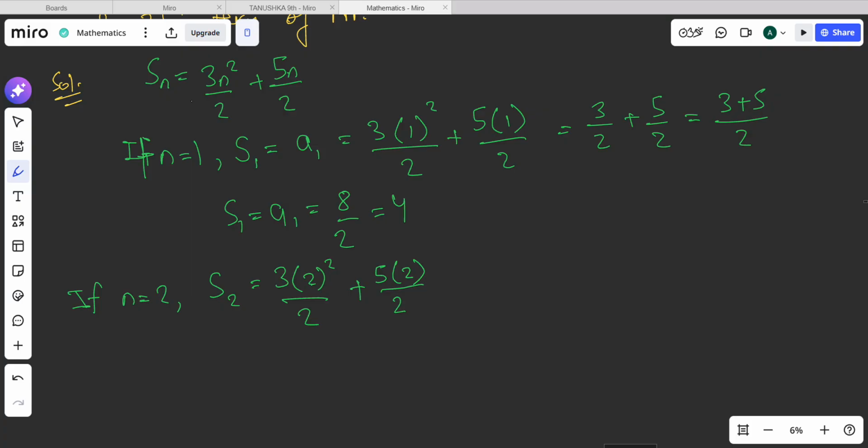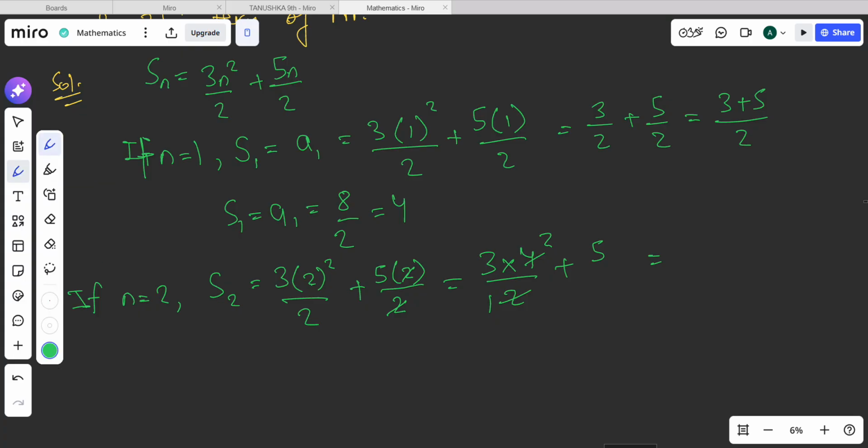Here we can see 2 and 2 get cancelled, and this will be 3 into 4 by 2 plus 5 by 2. Okay, I'm sorry, I have rewritten it. So this will be 3 multiplied by 2 gives you 6, plus 5. So the value of S2 that we are getting here is 11.